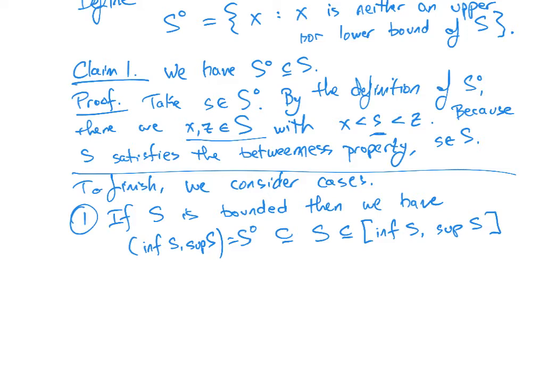Now, there are 4 possibilities for S at this point. It either contains its infimum or it doesn't, or it contains its supremum or it doesn't. But because it has to contain the open interval between the infimum and the supremum, those are the only 4 choices. And all 4 of those are types of intervals that we defined above.